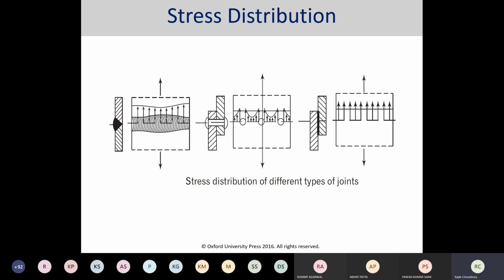You will not be surprised, I believe, that in a welded connection we generally get a uniform distribution of the stresses, except at the ends, because at the ends we have seen that there is already a certain jump or increase in stresses. But in a bolted joint, at every bolt you will have a very uneven distribution of the stresses.